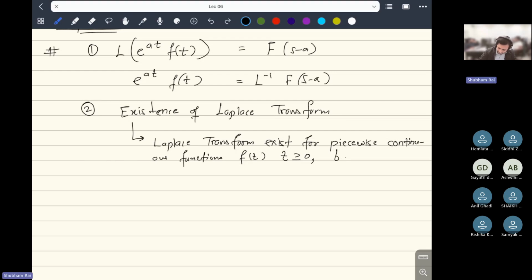Just writing bounded function is a very layman term, but for the exact mathematical description of what kind of boundedness it should follow, you can refer to the book. It's written in terms of a mathematical constraint, but I'm not writing it here because it's not required as of now. You can always refer to the book and understand what kind of exact boundedness it should follow.